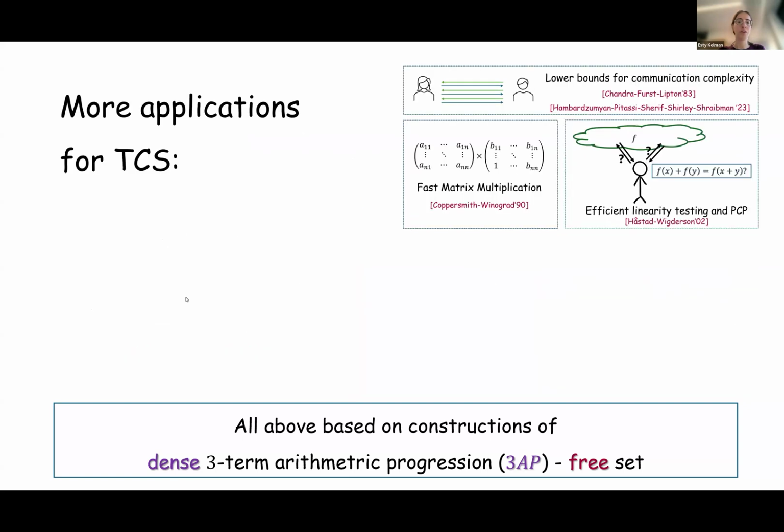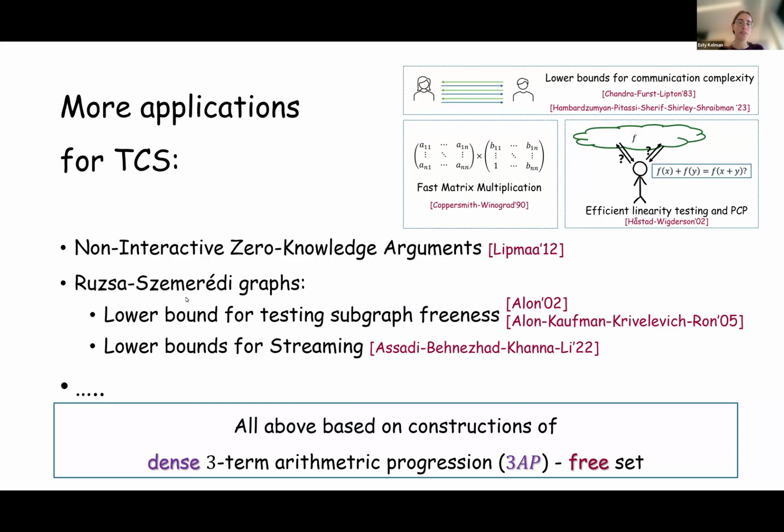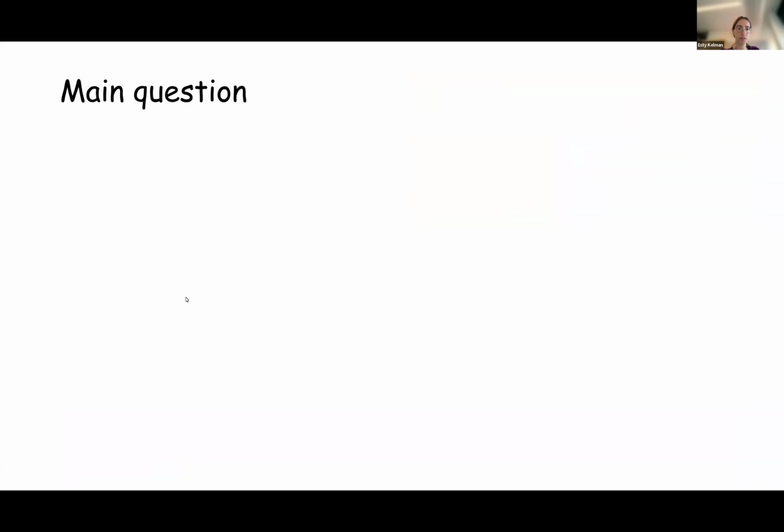There are many for cryptography and sublinear algorithms, lower bounds for testing and streaming algorithms, and many others. And all of them would benefit from having as large a 3AP-free set as possible.